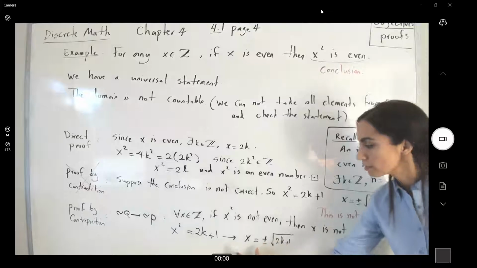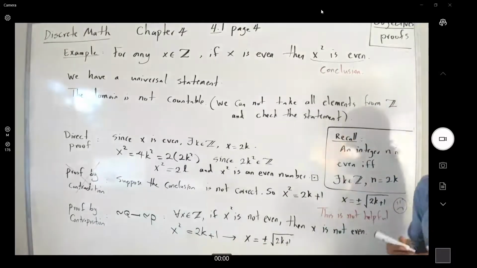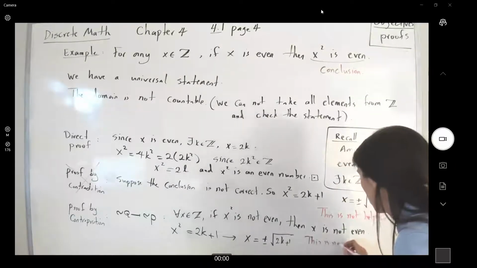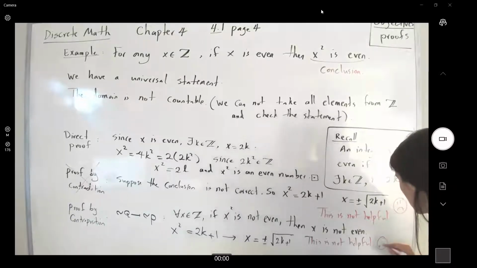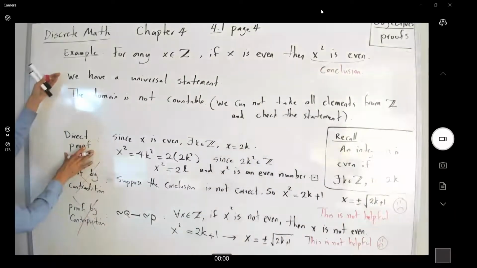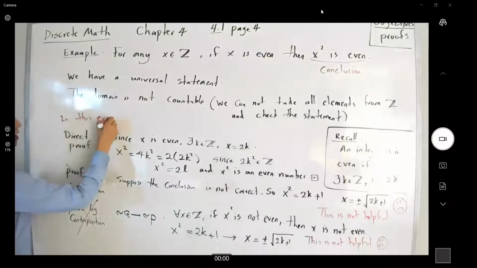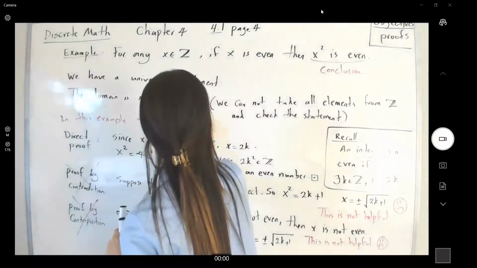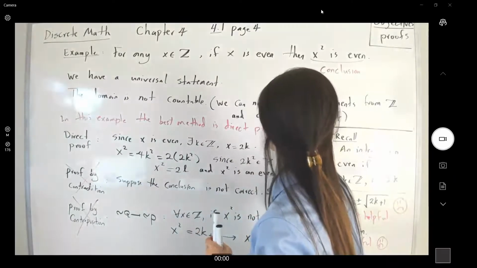It makes the rest of the proof unstuck, so it's not going to be helpful. So in this example, the best method is direct proof.